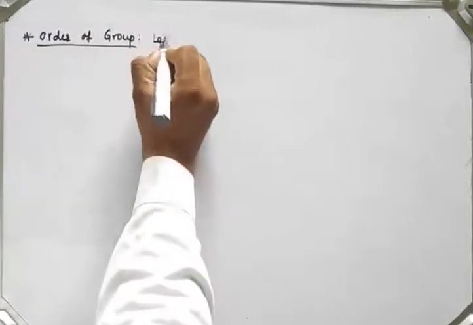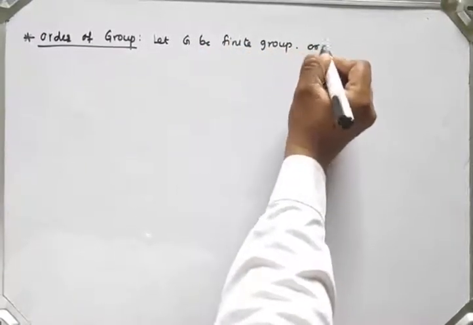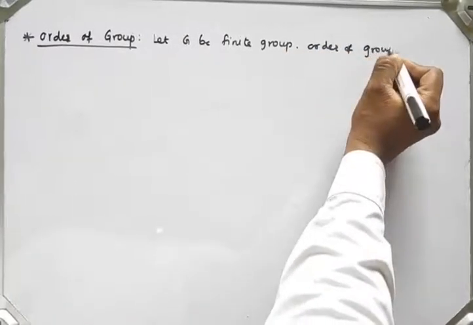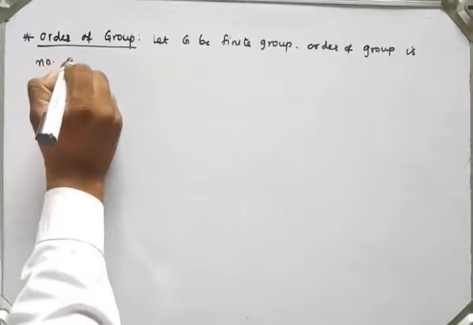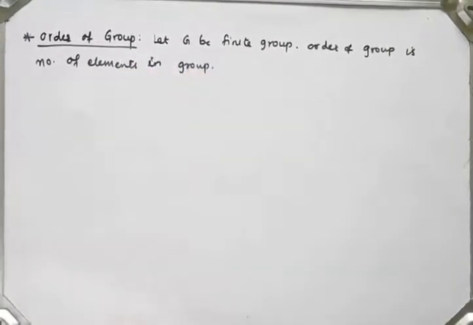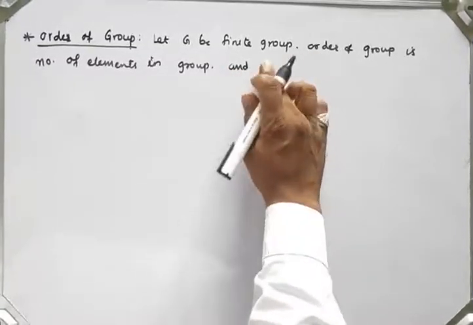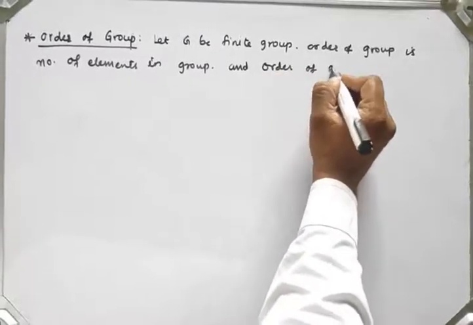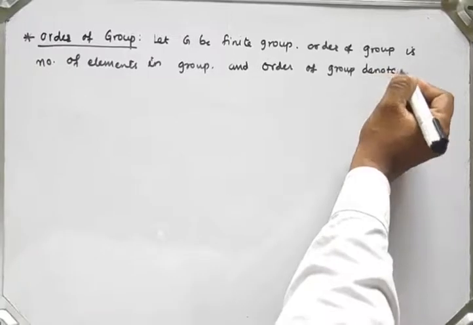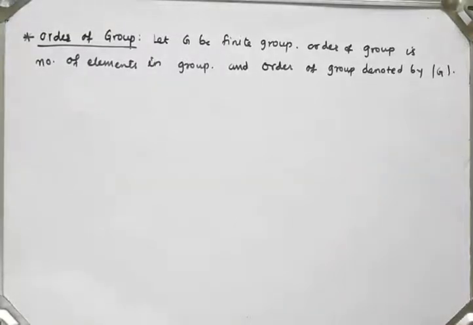So let G be a finite group, then the order of the group is the number of elements in the group, and the order of the group is denoted by mod G. So this is called the order of G.